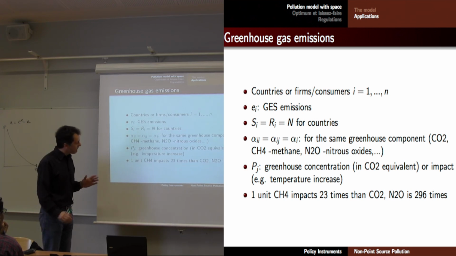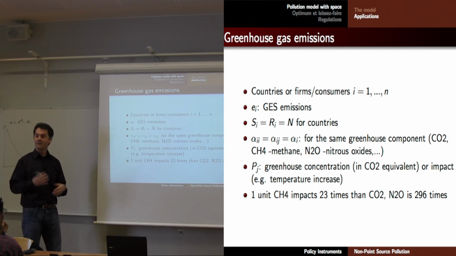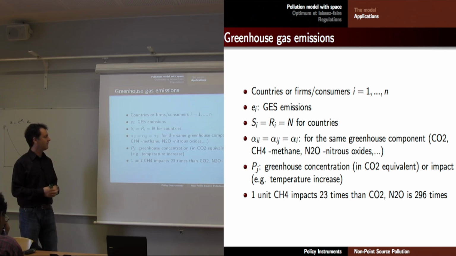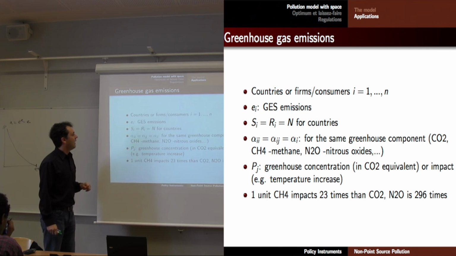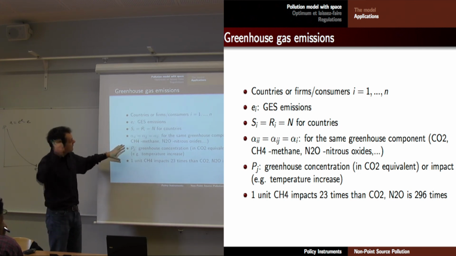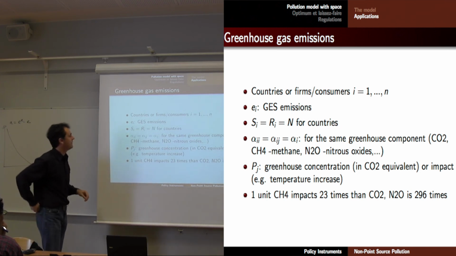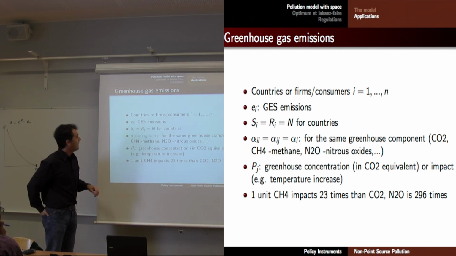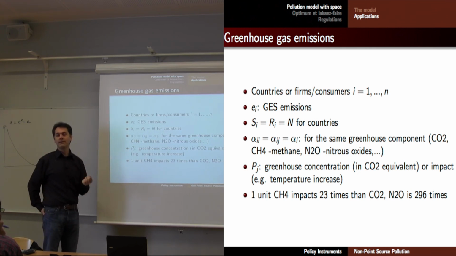Well, the only big limit is that this model is static, whereas greenhouse gas is a stock pollution, and what matters is also the dynamic of this pollution. But abstracting from that, you can represent this model. You can also represent climate change and greenhouse gas emission in this model. In this case, every country is impacting every other country.